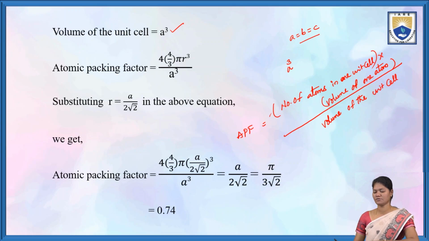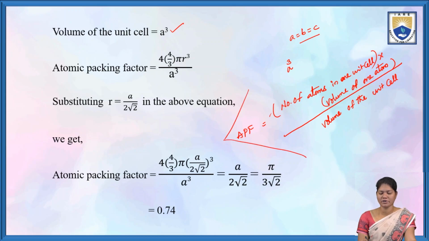So this is the formula. The number of atoms is 4, and the volume of one atom is 4 by 3 pi r cube, divided by the volume of the unit cell, which is A cube.